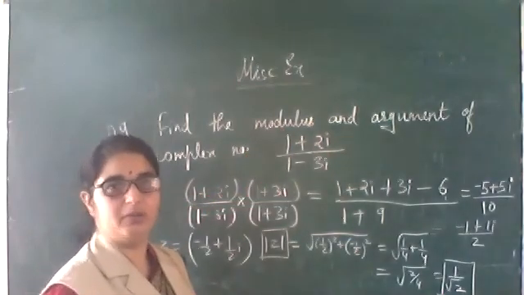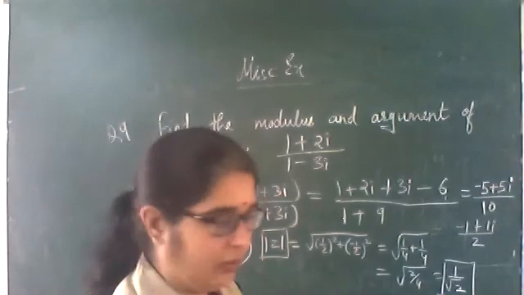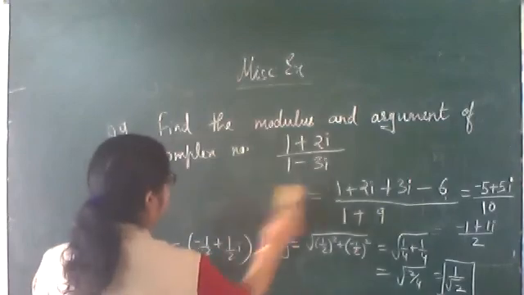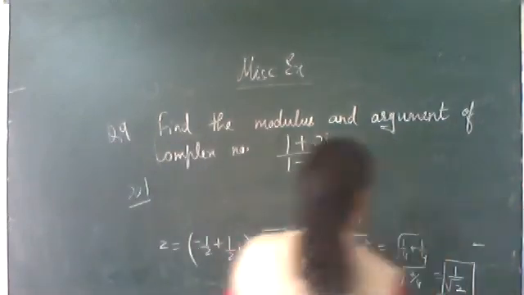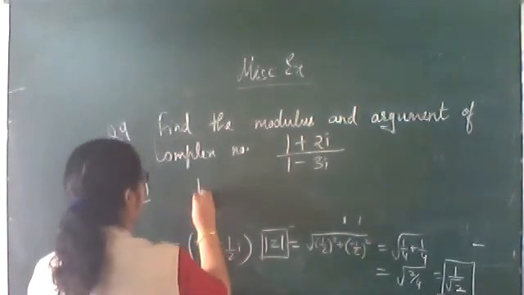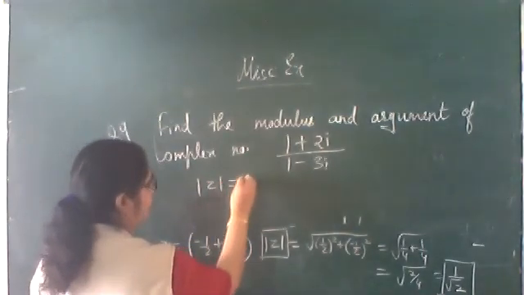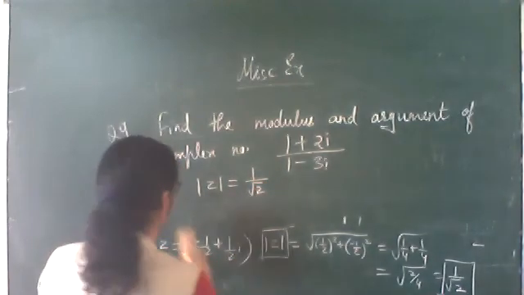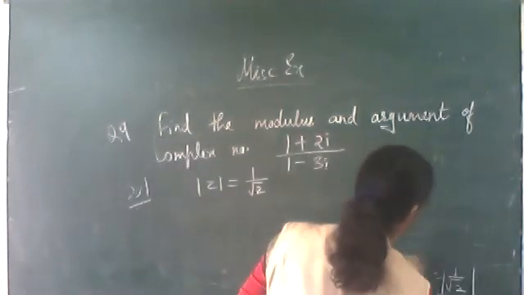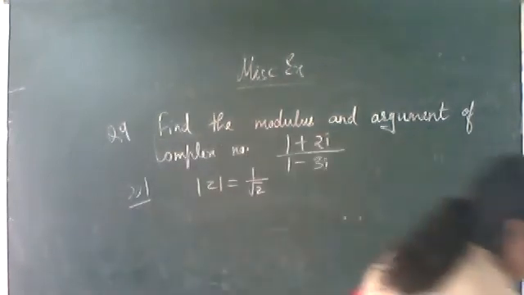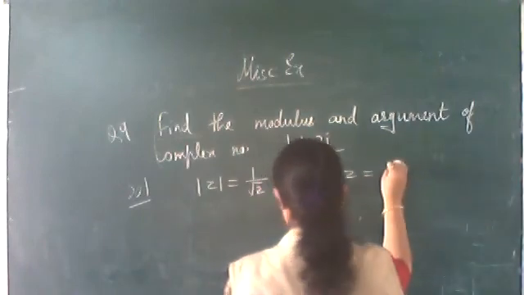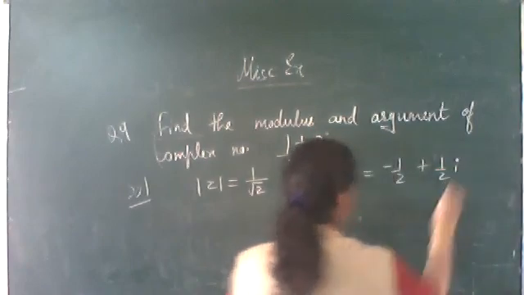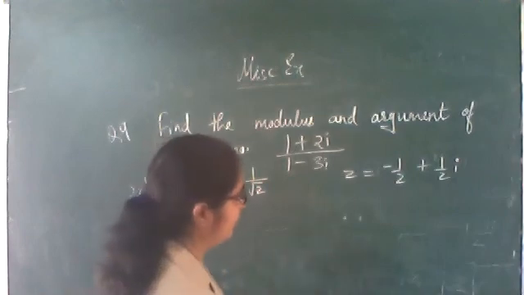Then the argument of the complex number. What will be the argument? So we have got modulus of this number z equal to 1 upon root 2. Now we have to calculate the argument. And z is equal to minus 1 by 2 plus 1 by 2 iota.